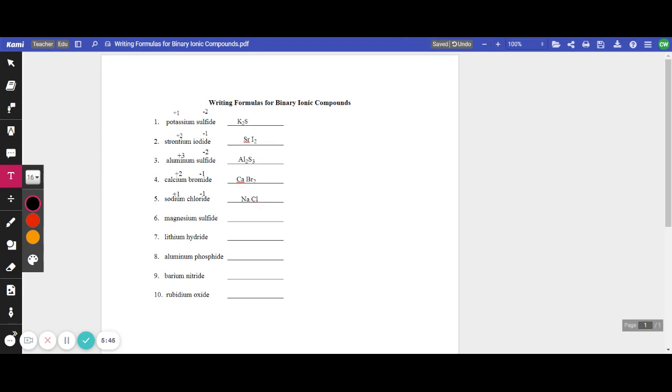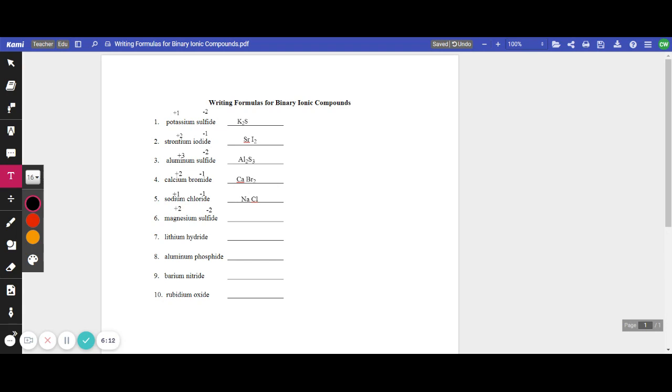All right, so we've got magnesium, a +2 in group 2. Sulfide is in group 16, -2. Look at that, those cancel out. Now this is an example where, if you use the crisscross method, you'd have a 1 and a 1, and you need to reduce those to the lowest subscripts.